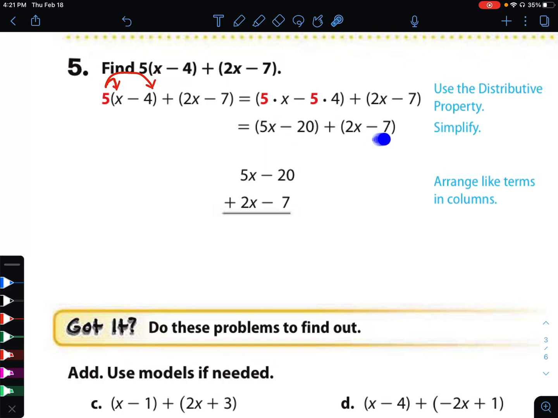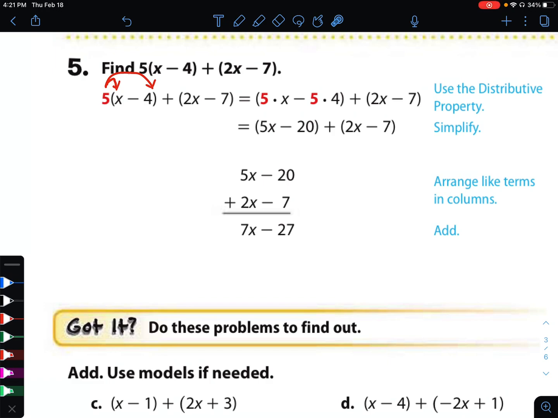Negative 20 and negative 7, we also line them up in a column. If we add that, 5x plus 2x will give us 7x. Negative 20 plus negative 7 will give us negative 27. Or basically, this becomes 7x minus 27.